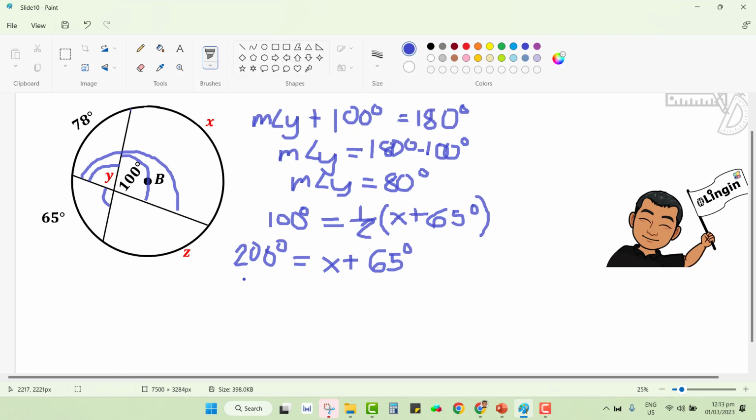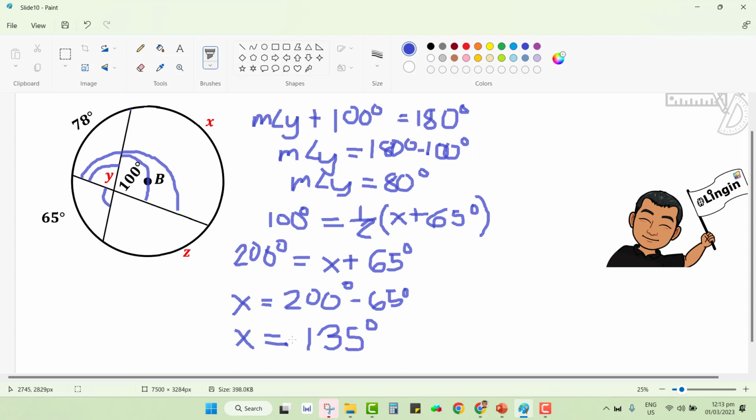Therefore, we could solve x here by using the subtraction property of equality and the symmetric property. Therefore, x is the difference of 200 degrees and 65 degrees. In short, the value of x here is 135 degrees.